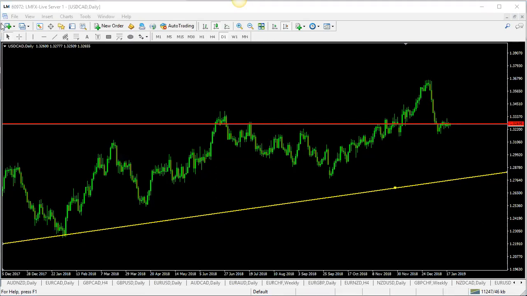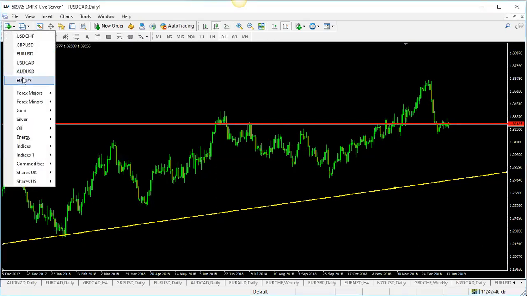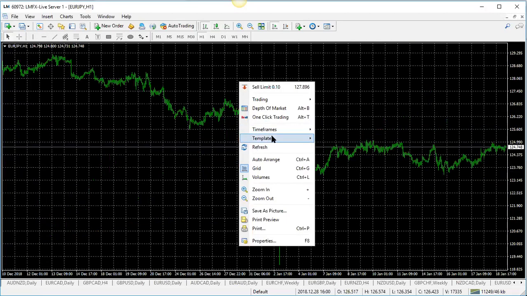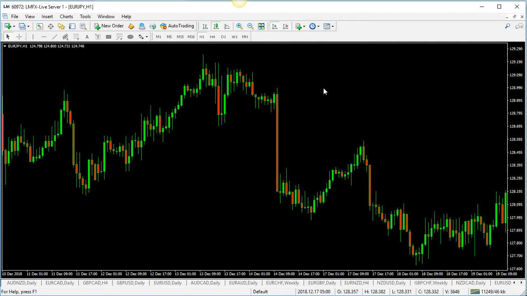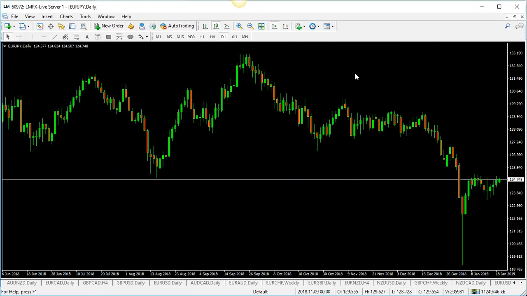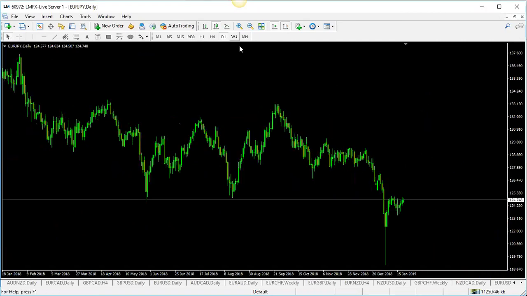Okay, so let's go to a new chart real quick. So for support, we're looking for two-point touching rejection of the highs and lows, where the market goes up and down in quick succession.